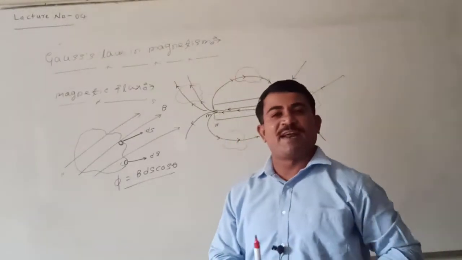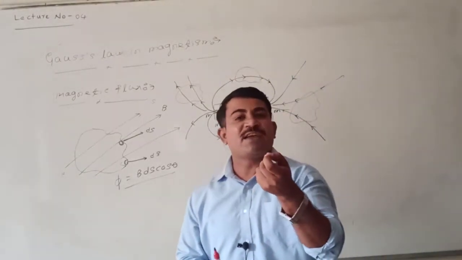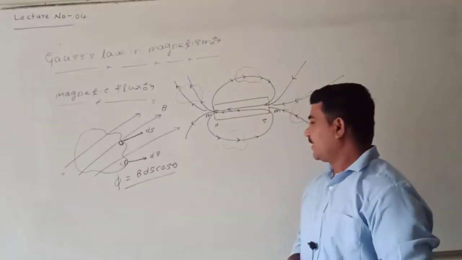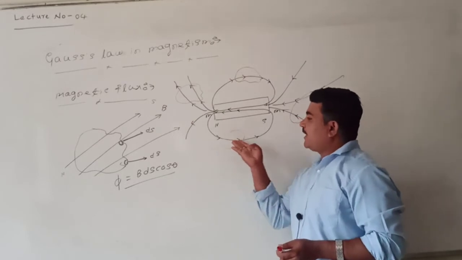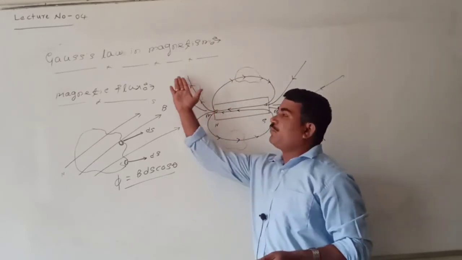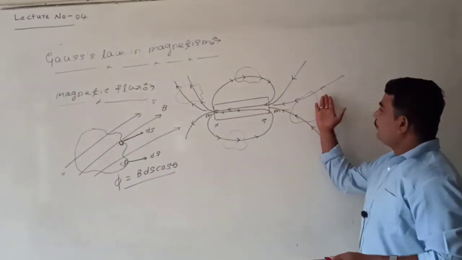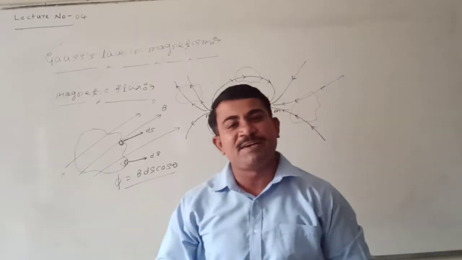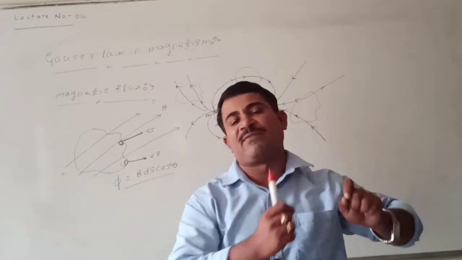Wherever magnetic field lines enter, magnetic flux exists. See here, if one field line enters, one leaves, or if two field lines enter, two are leaving. Here also, two enter and two leave. The number of magnetic field lines entering must be equal to the number of magnetic field lines leaving.